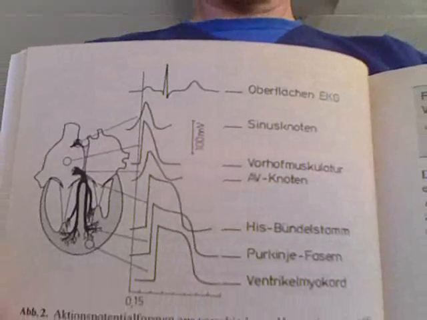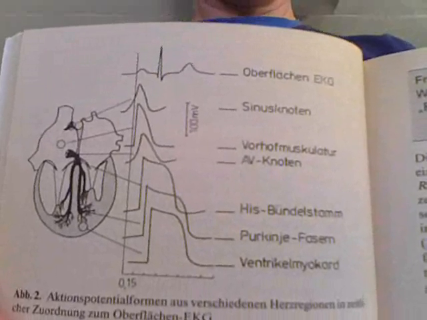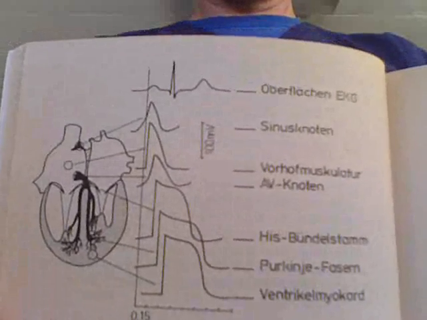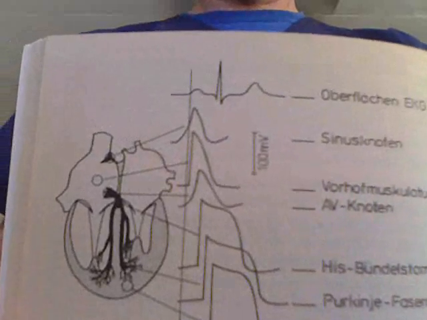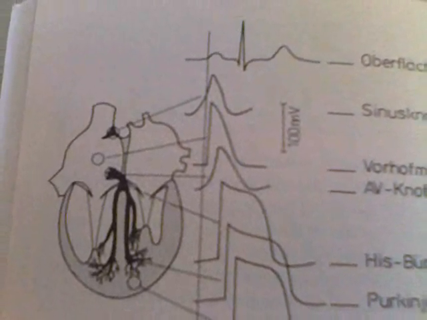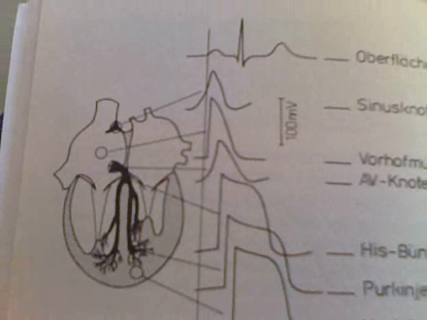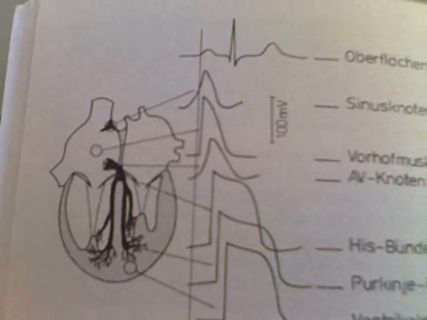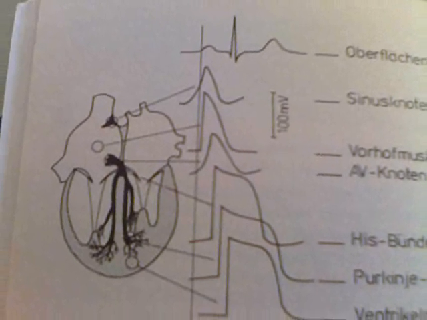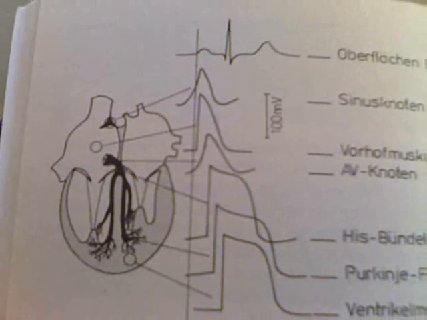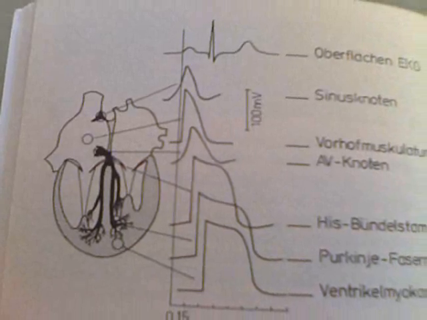Continuing down further, it's not included here, but after the bundle of His, if you look closely, it's kind of like a fork in the road. If you go left, that is the left bundle, and logically, if you go right, that is the right bundle.